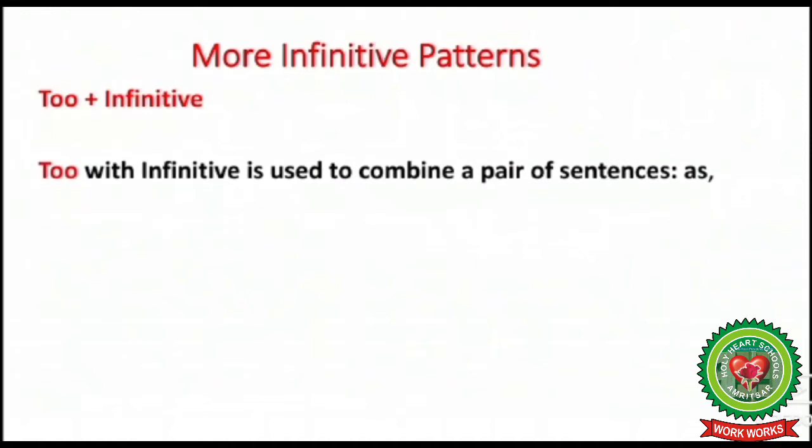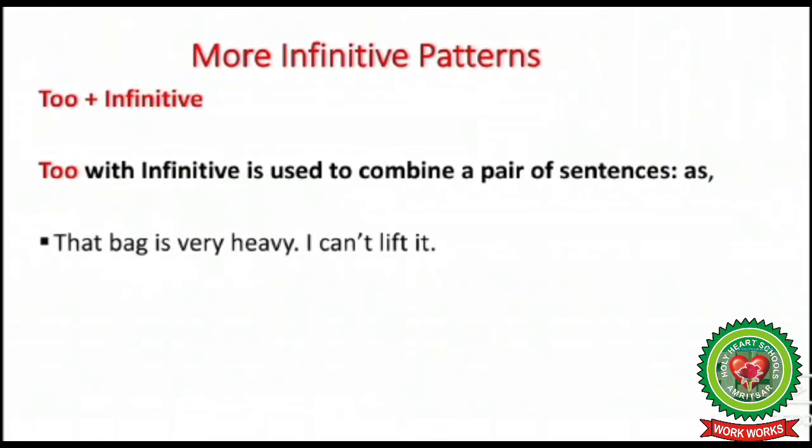Let us understand more infinitive patterns. Too plus infinitive. Too with infinitive is used to combine a pair of sentences, such as: That bag is very heavy. I can't lift it. Children, here we are talking about the two qualities of the bag only.